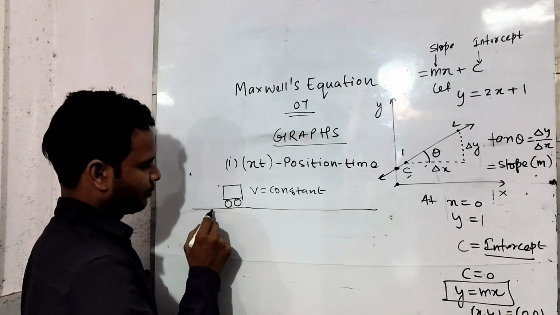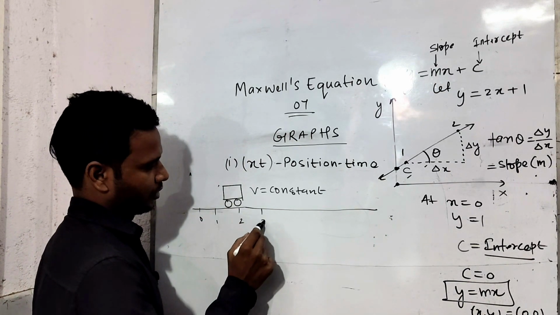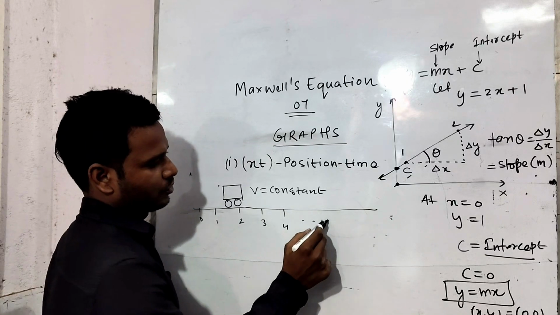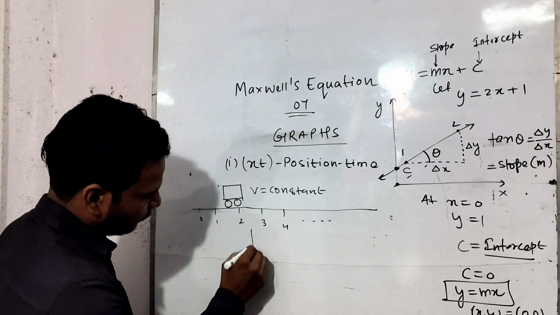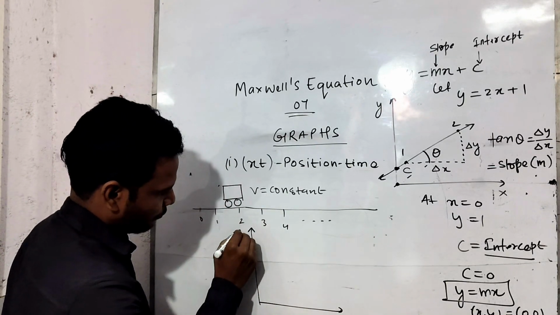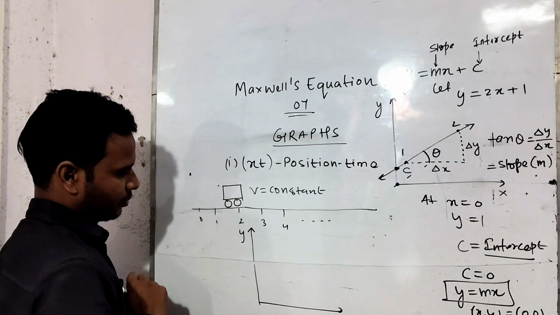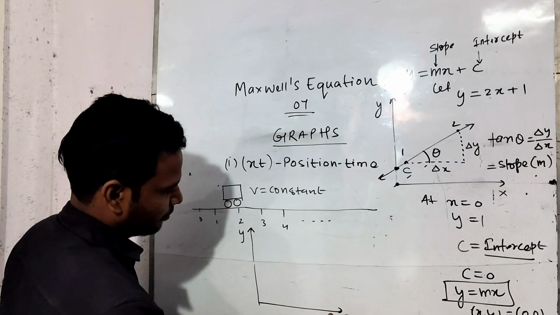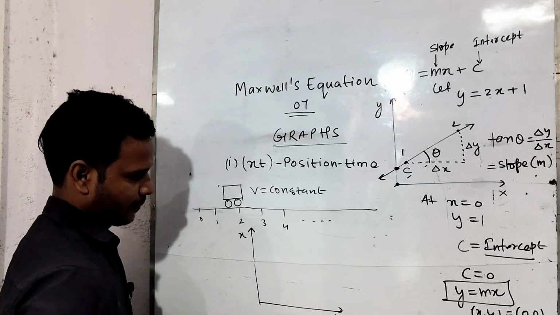To measure position, we can put numbers 0, 1, 2, 3, 4, and so on. So, if you try to draw the graph, suppose this denotes time and this denotes displacement.